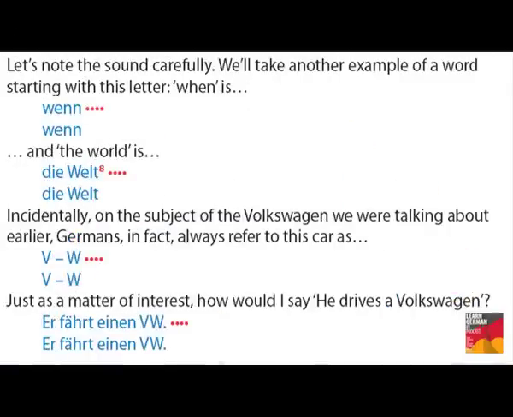Let's note the sound carefully. We'll take another example of a word starting with this letter. When is Wenn. And the world is Die Welt. Incidentally, on the subject of the Volkswagen we were talking about earlier, Germans in fact always refer to this car as VW.